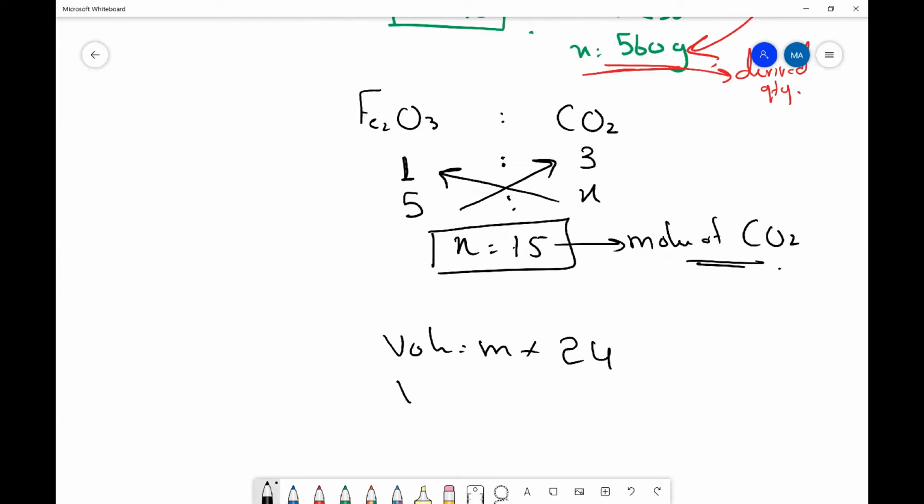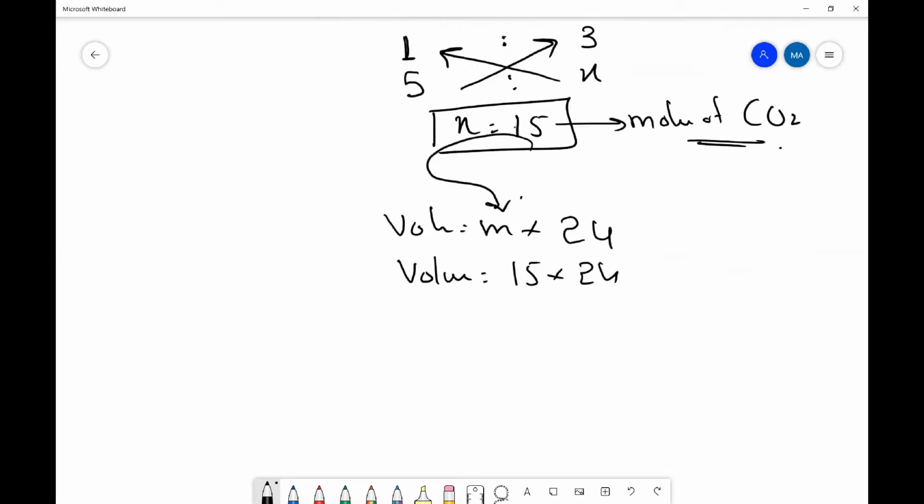We know the moles, so volume is equal to 15 times 24 because 15 was the moles, so we've used this value here. What is 15 times 24? Could you use the calculator? 360. 360 dm cube is the volume of carbon dioxide.